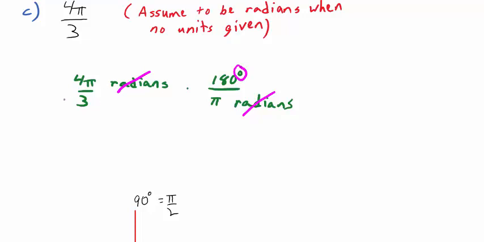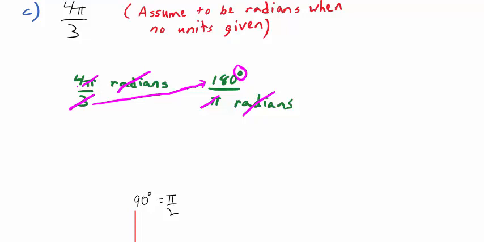Now, can we cross cancel here, cross divide? I see a pi up top, a pi down here. The pi's divide out, right? And then you can always divide before you multiply. So you could take 3 into 180 and then multiply by 4, couldn't you?